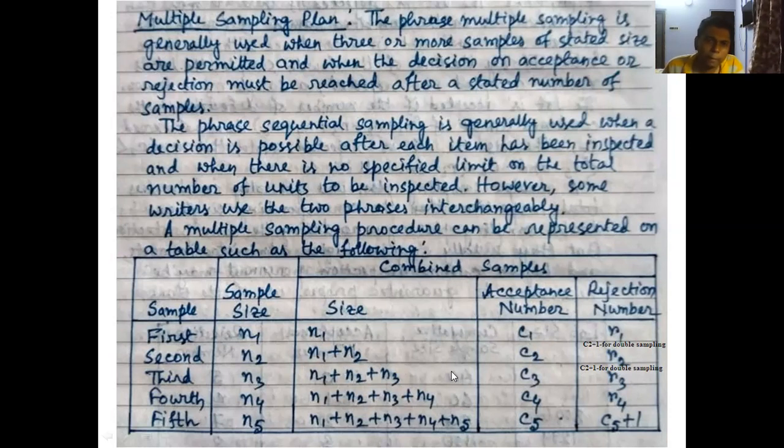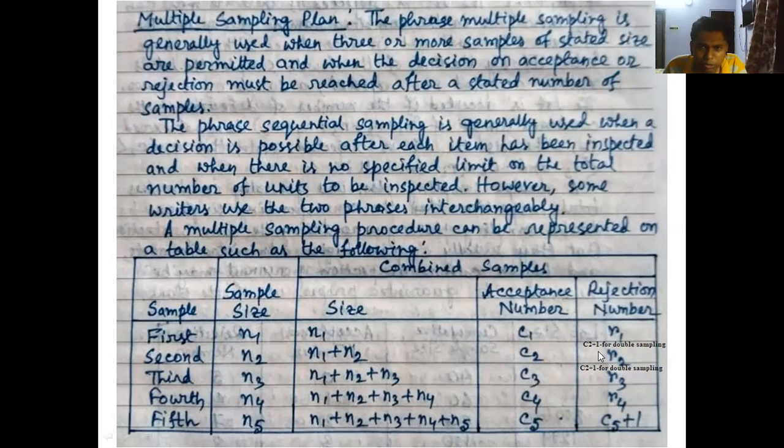In that case, suppose there will be some acceptance number, and if the defectives are less than that, then you will accept the lot, and if it is beyond R2, then you will be rejecting the lot.